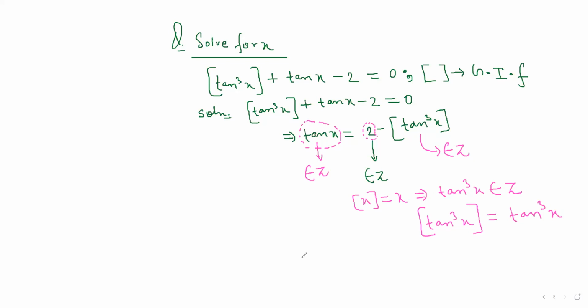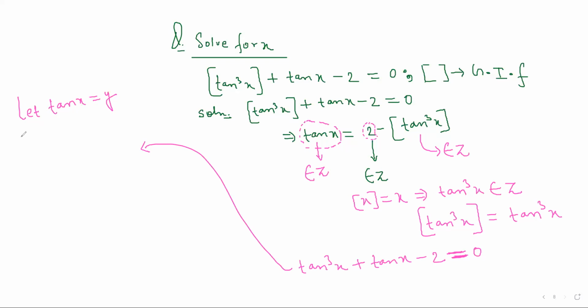And your expression will be tan cube x plus tan x minus 2 is equal to 0. So to solve this, let tan x be equal to y. So the expression is y cube plus y minus 2 is equal to 0.